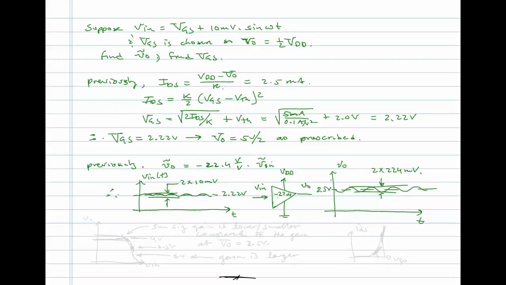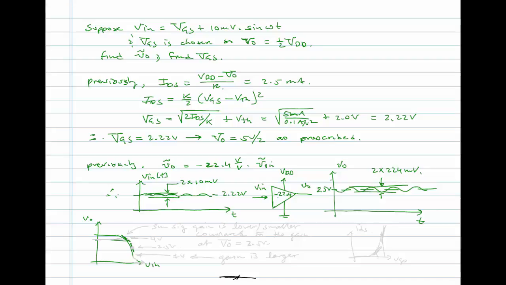And of course what determines the small signal gain is going to be dependent on where you bias the circuit. So if we were to, for instance, bias the circuit such that the operating point output voltage, big VO, was, say, up at 4 volts rather than being at 2.5 volts, the slope there is shallower, right? So we have this is vn and VO. The slope up there is shallower than what it is right here.